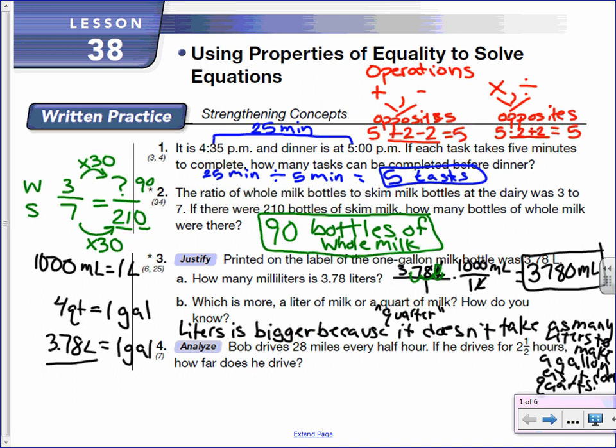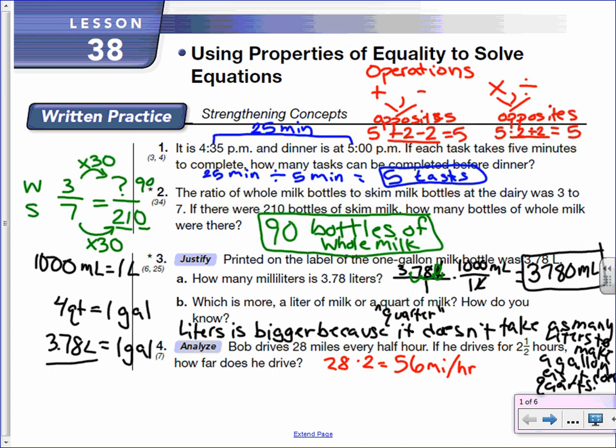Bob drives 28 miles every half hour. If he drives for 2.5 hours, how far does he drive? So we know that 28 miles times 2 is going to give us how far he drives in 1 hour. That's 56 miles per hour.